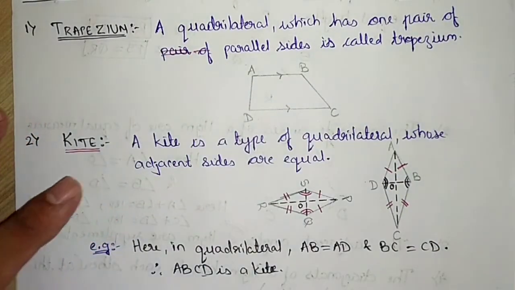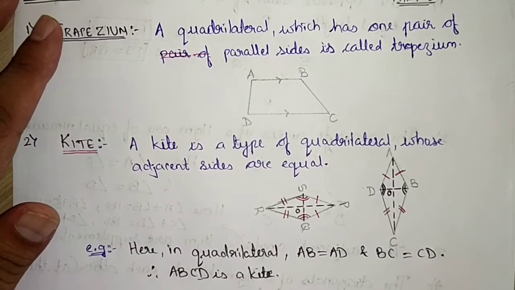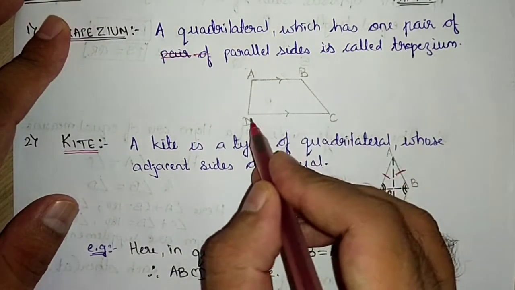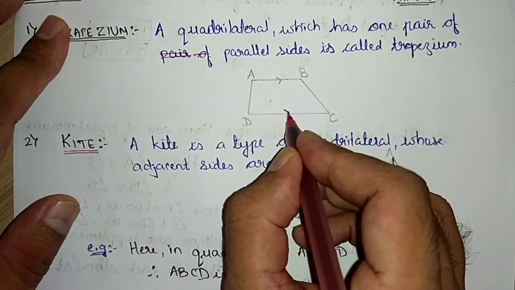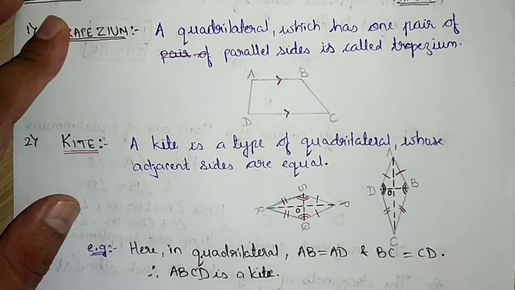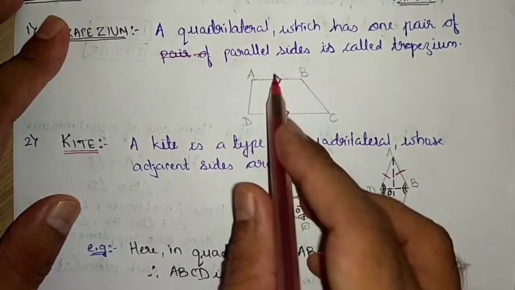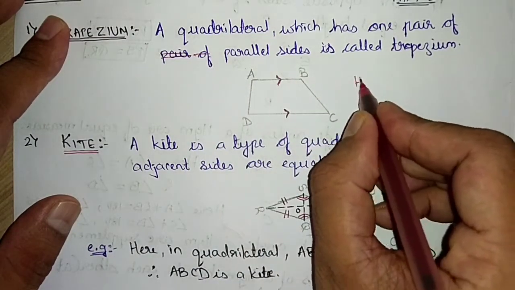What does this mean? In a quadrilateral, if one pair has parallel sides, here I have shown the parallel sides with the arrow sign so that you can understand that this is the parallel side. So if one pair is parallel, we can say that the given quadrilateral is a trapezium.